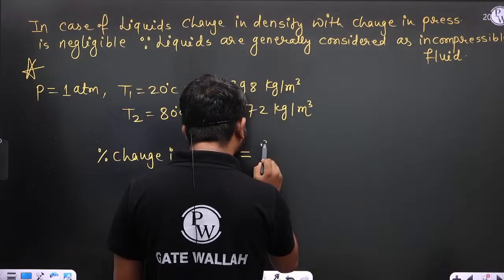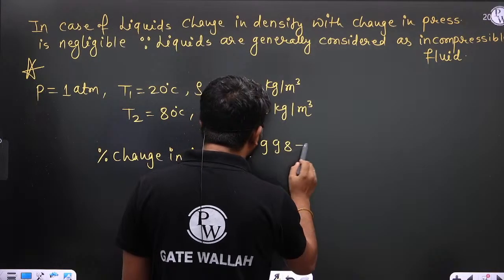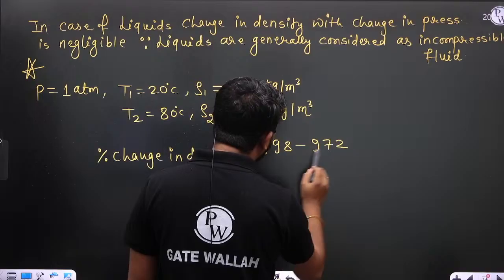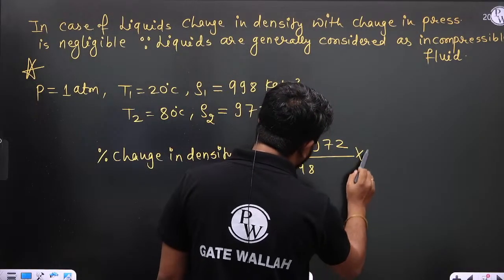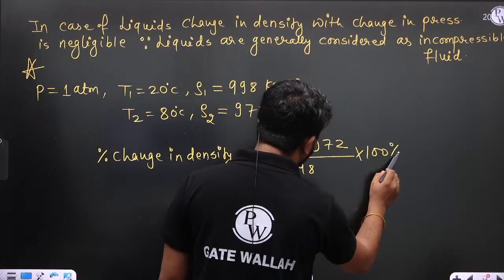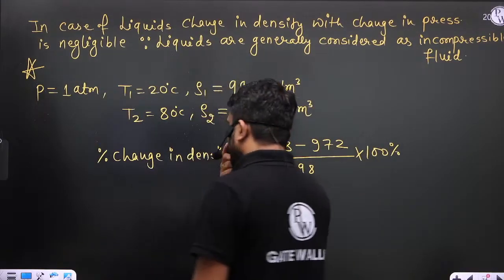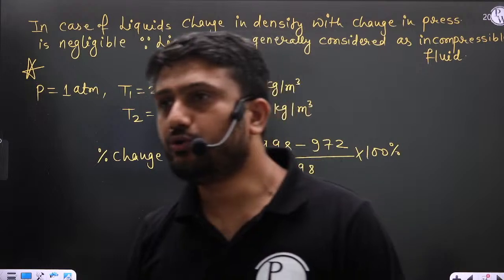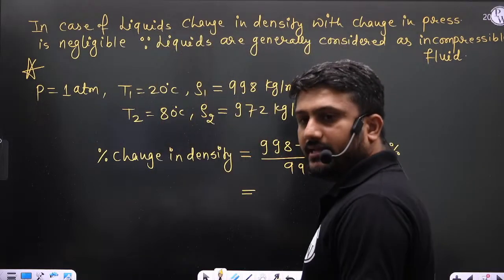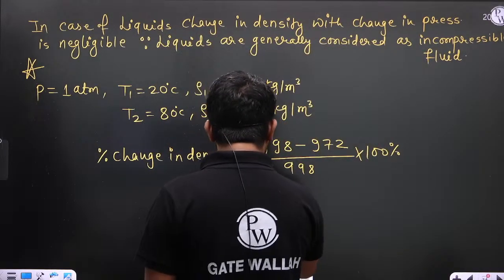This is (998 minus 972) upon 998 into 100%. So this value comes around 2.6%.